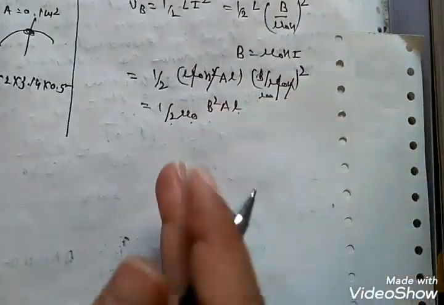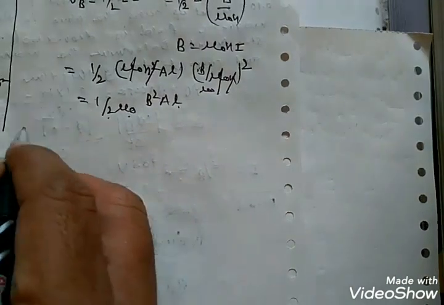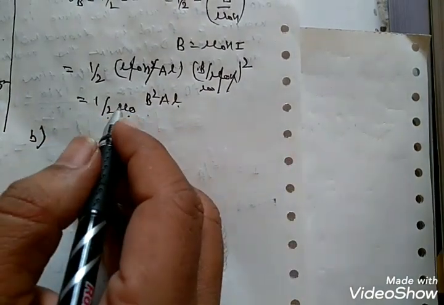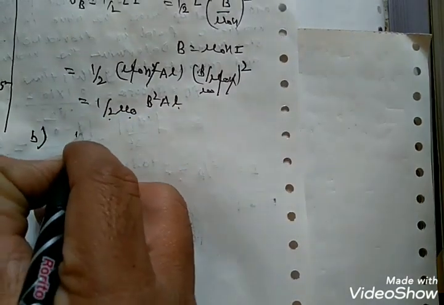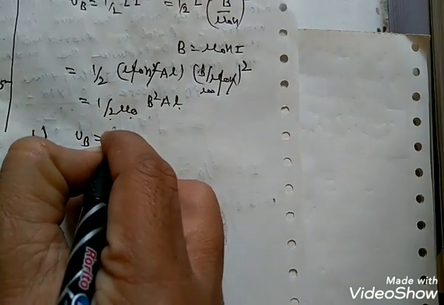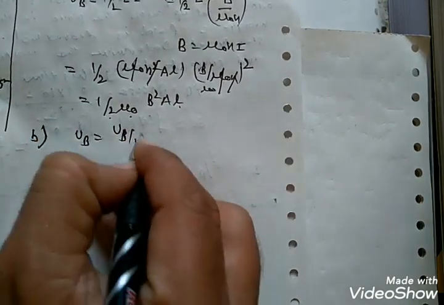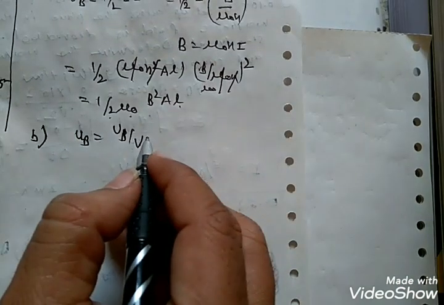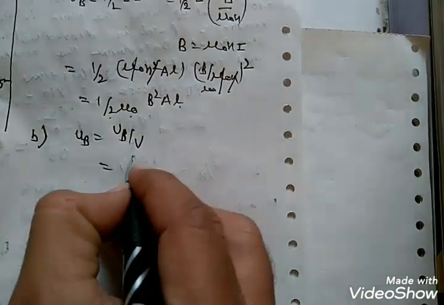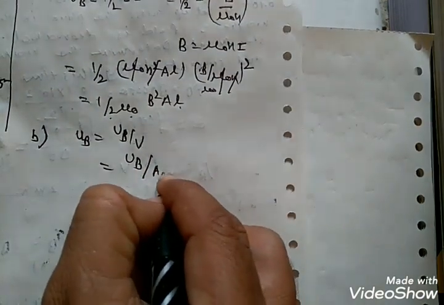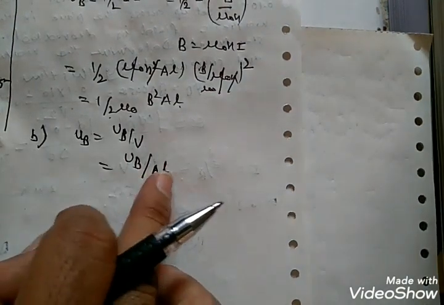Now the second part. The magnetic energy per unit volume is UB upon V, where volume is surface area into length, A and l.